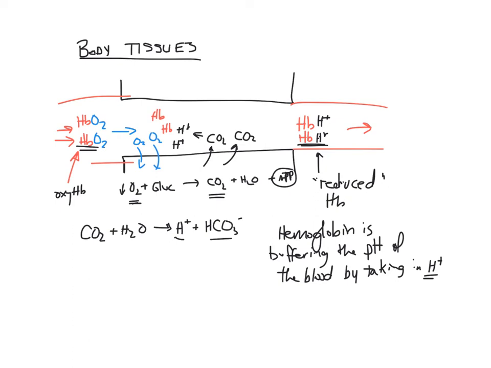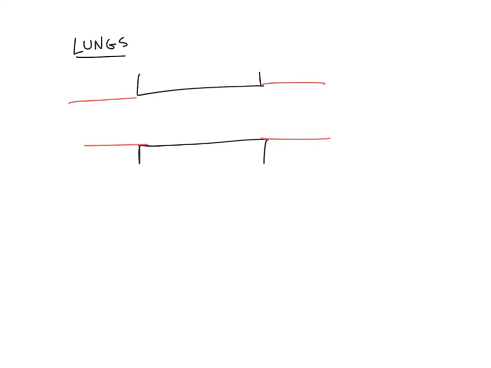Let's shift over to the lungs. Okay, and so when we get to the lungs, again, here's your alveolar tissue. The capillaries are coming in. Okay, and on this side, you have hemoglobin with H plus.